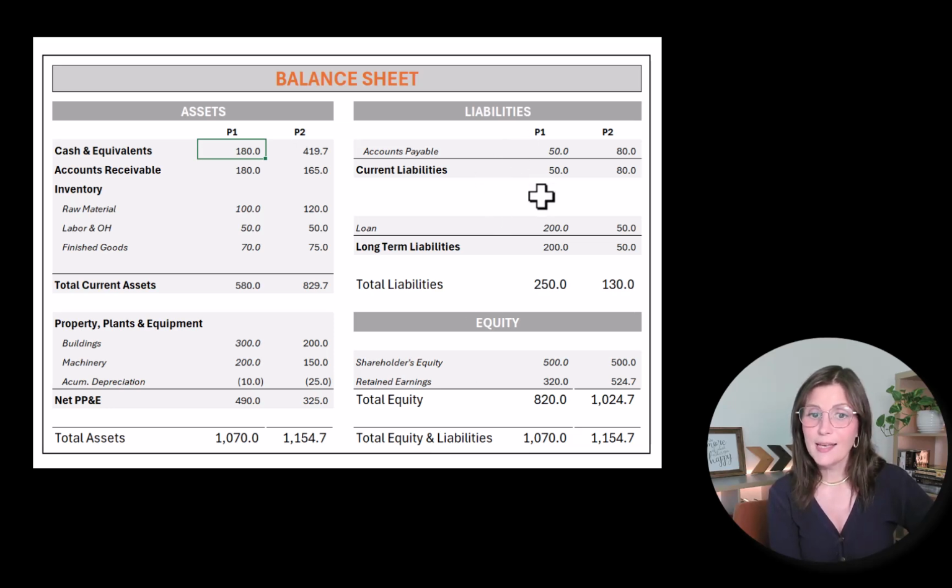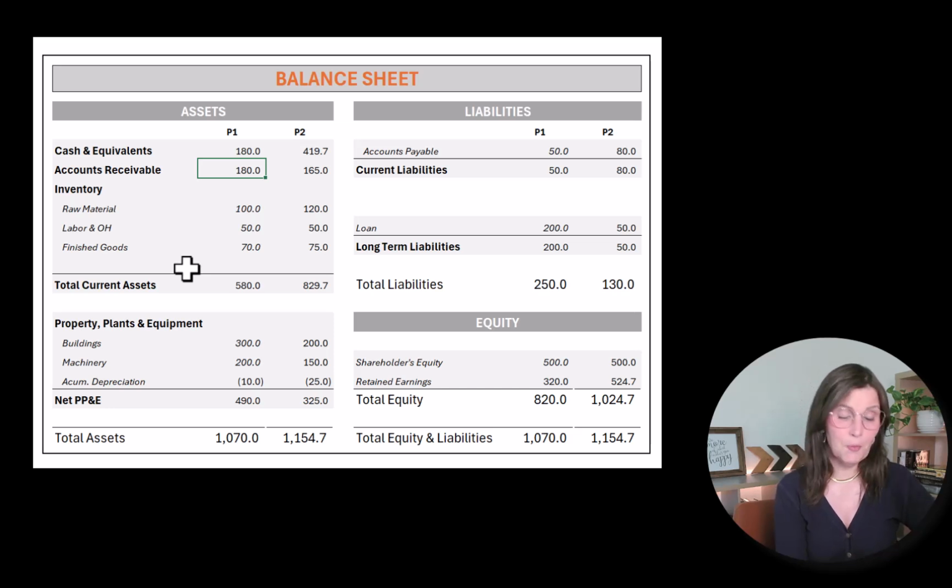So let's say that instead of receiving the money right away from my customers, I delayed the receivables a little bit. So I sent some of the cash to accounts receivable. Let's say that instead of 180 in accounts receivable, I would have 250.